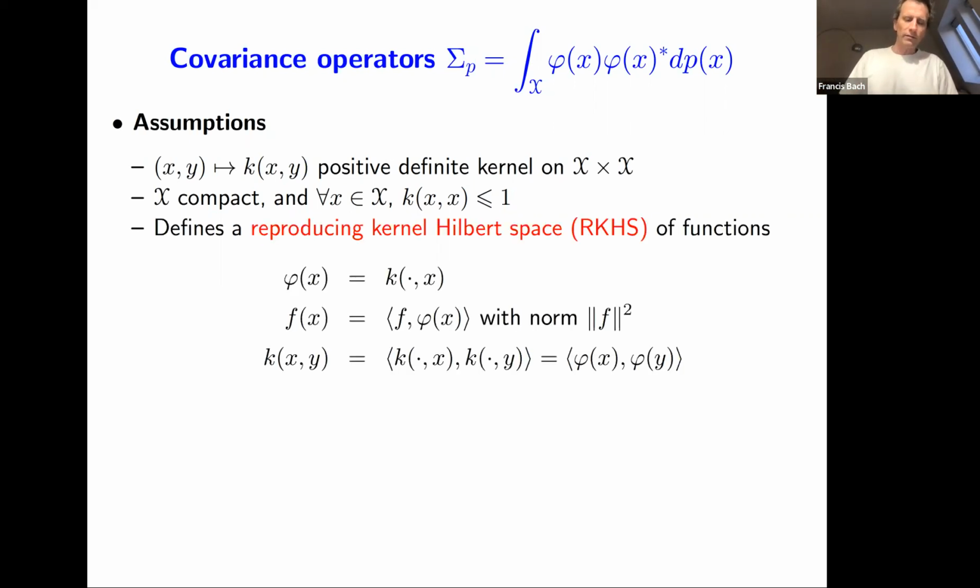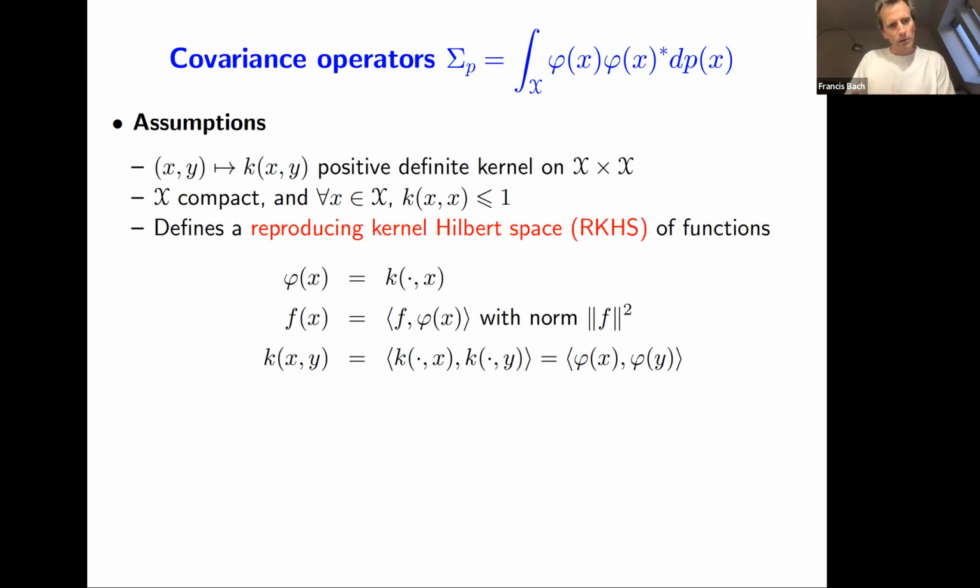And from that, it's classical in machine learning and statistics to define a space of functions, which is essentially the span of all functions where you fix a point x and leave the argument open. So y gives k of x, y, a function, and by taking the span of those functions with the proper metric, you end up with a nice, well-defined function space.